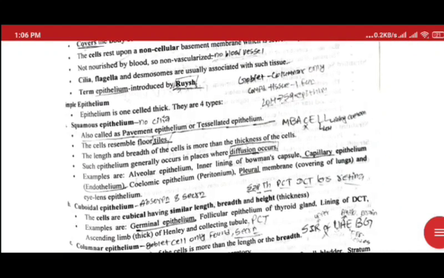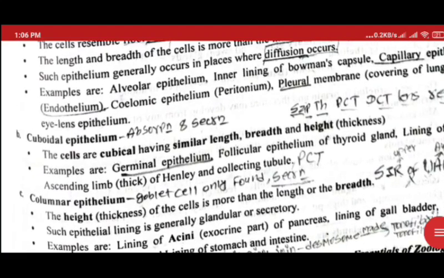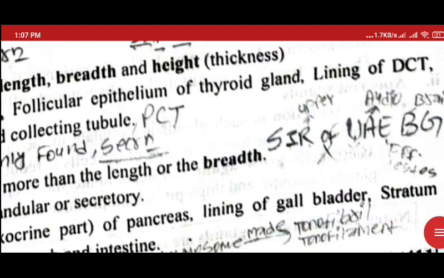Now let's get back to cuboidal. In cuboidal epithelium the function is absorption and secretion. It is also germinal epithelium or follicular epithelium, because the ovary and testes originate from cuboidal epithelium.